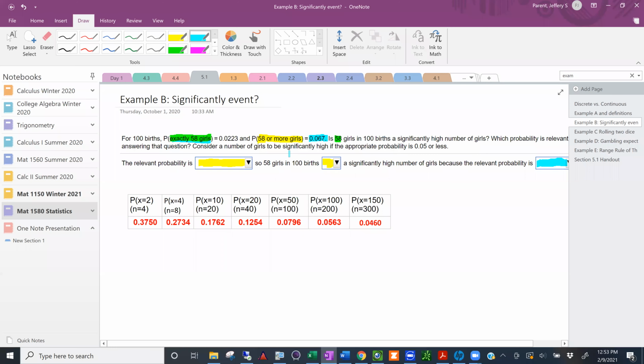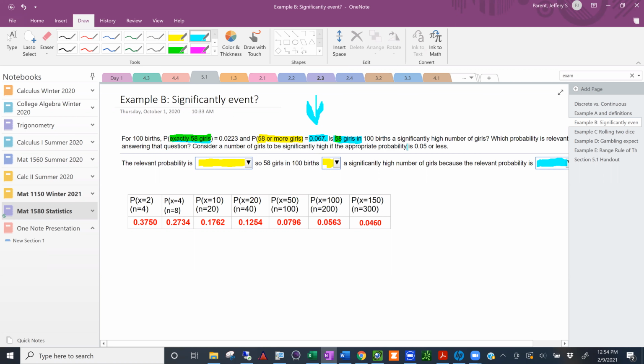Now, if that's the relevant probability, is the probability of 58 girls in 100 births significantly high or not? No, because that probability, we see it right here, is 0.067.